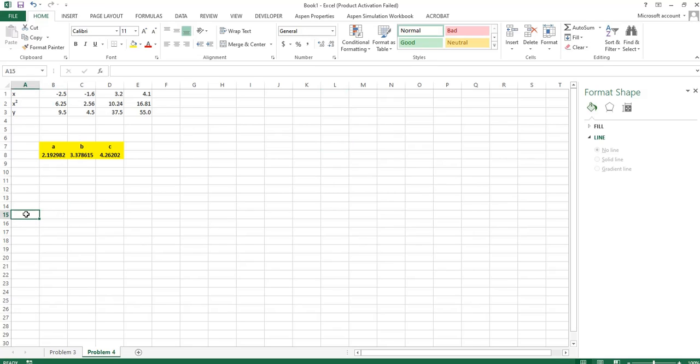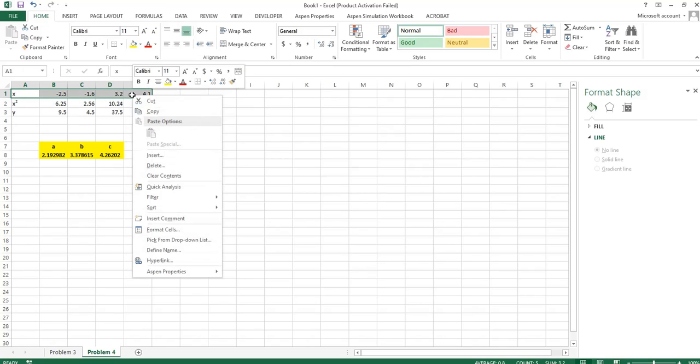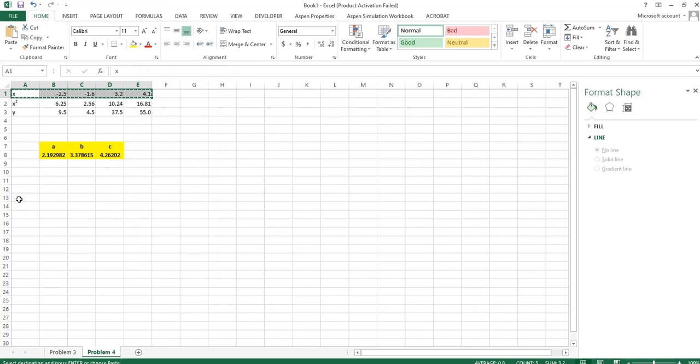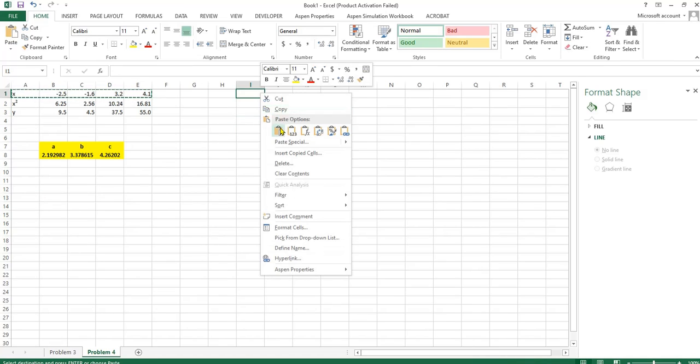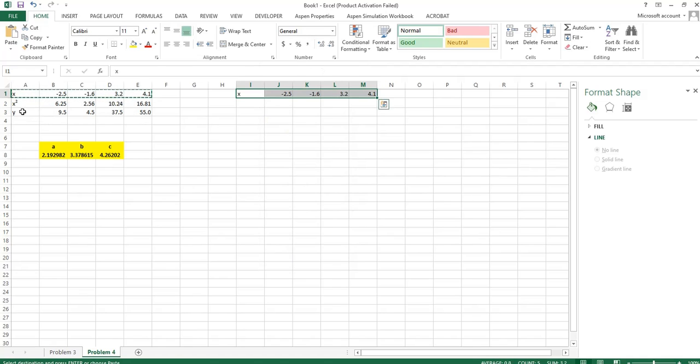Let me just bring it down here. I'll do that. Copy this, the x value, come down here. Let me just put it there. I'll paste. I'll copy the y value.